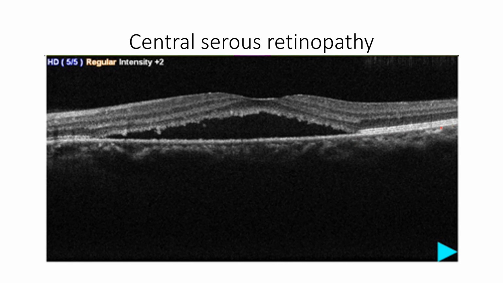Here we can make out the retinal pigment epithelium is continuous, it is not disturbed at all. And then you have the neurosensory retina which is separated out, and we have a clear cystic space which is definitely more shallow when compared to pigment epithelial detachment.